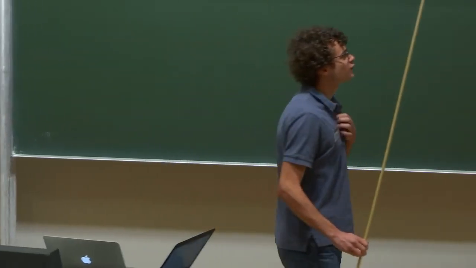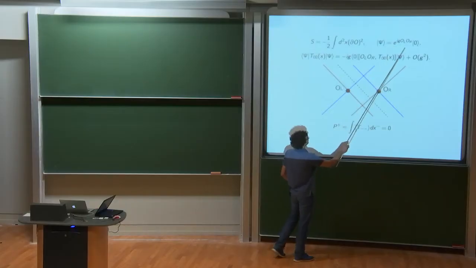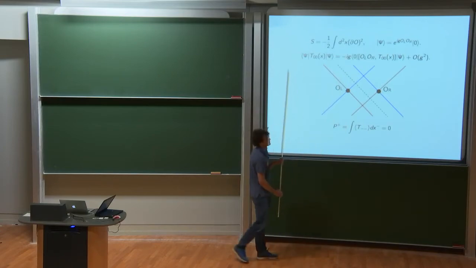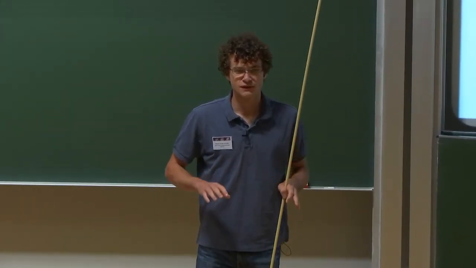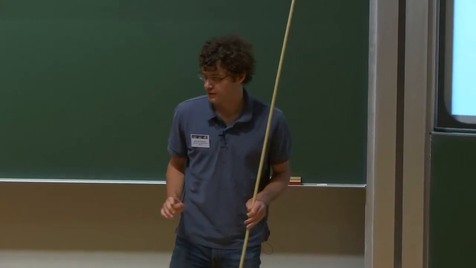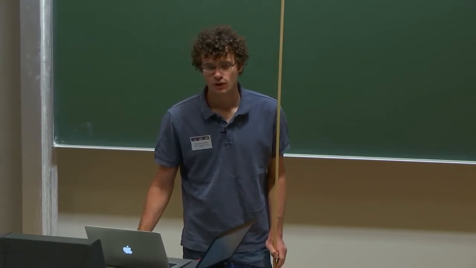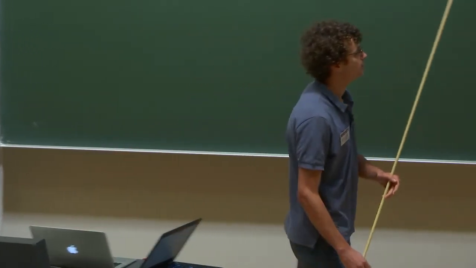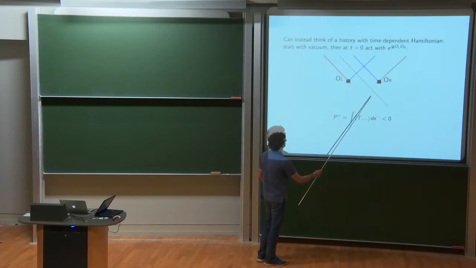OK, so far we've been thinking about this state as, well, we wrote it in this way as some operator acting on the vacuum, but we thought about it as a state just evolving with a time-independent Hamiltonian. There's a related thing that we can think about, which is we can consider a different history, where we start with the vacuum state evolving with the normal Hamiltonian.